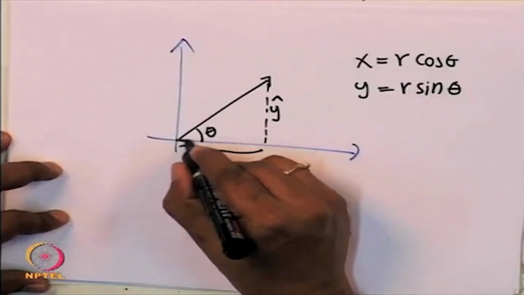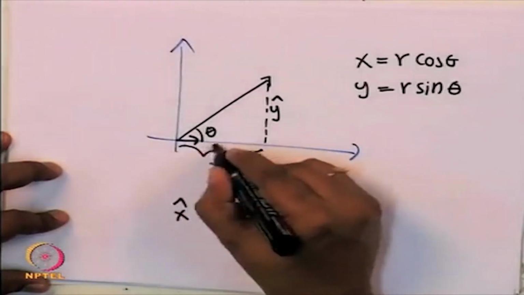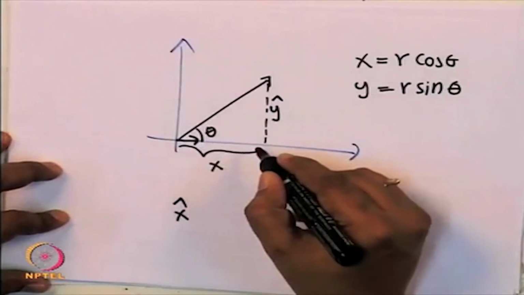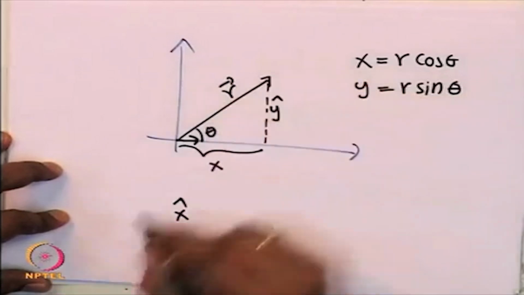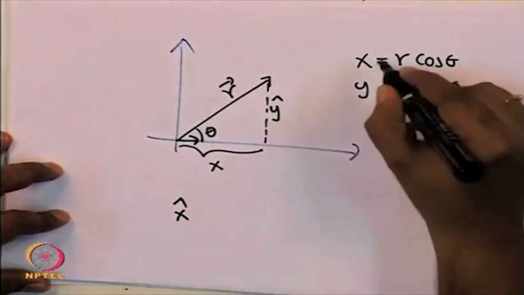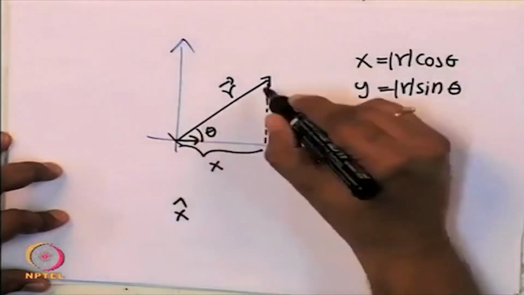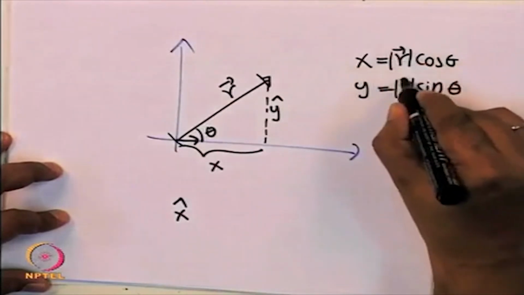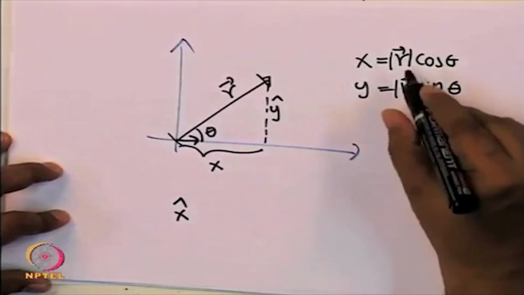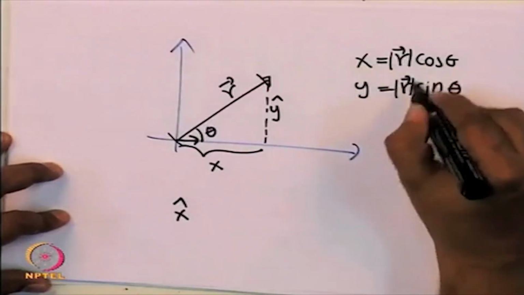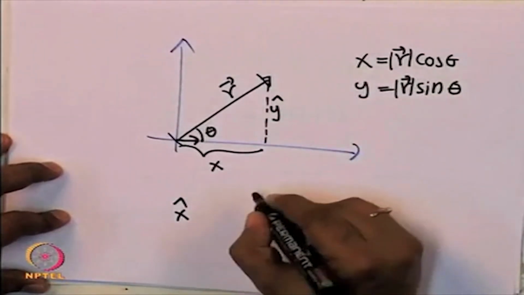Now, a unit vector in this direction can be represented as x cap. x cap is a unit vector in this direction, and let us call this vector r. This distance is the modulus of the r vector. You know that this distance times cos theta and this distance times sin theta are x and y.